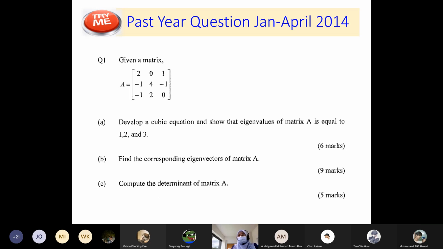So here, given a matrix of 3 by 3, you should develop a cubic equation and show that the eigenvalues of matrix A equal 1, 2, 3. Then another question asks you to find the corresponding eigenvector, and the last one is to compute the determinant.